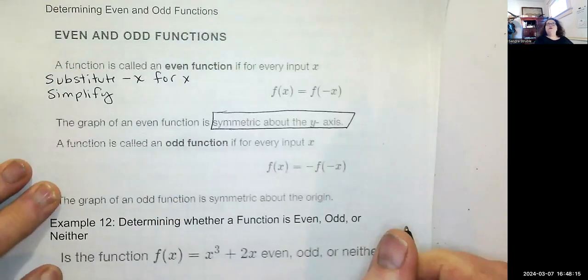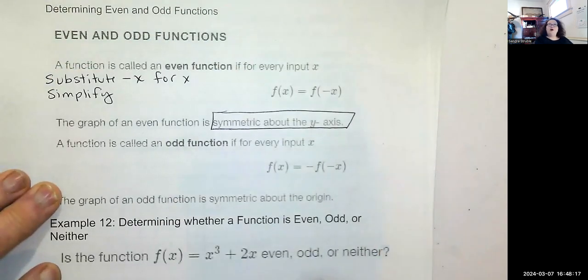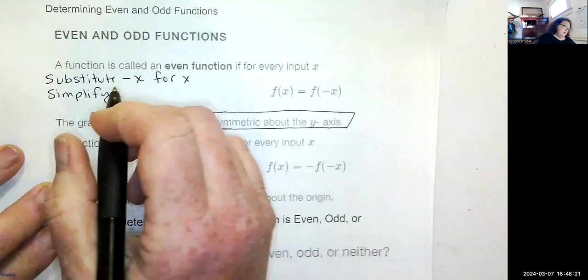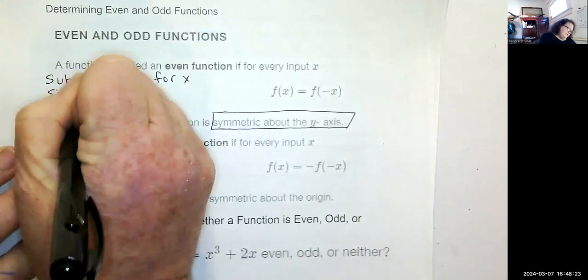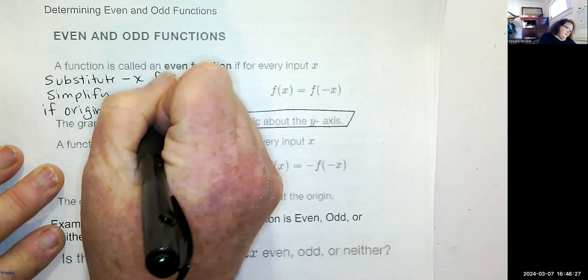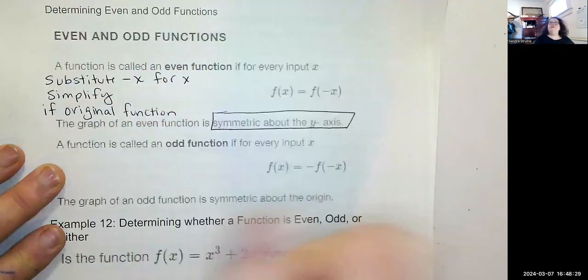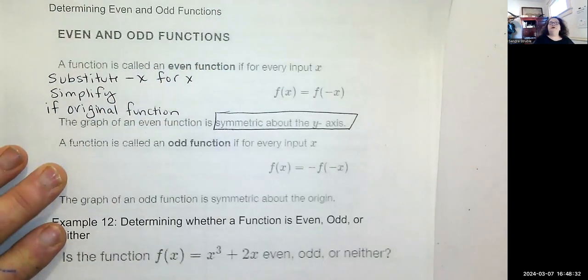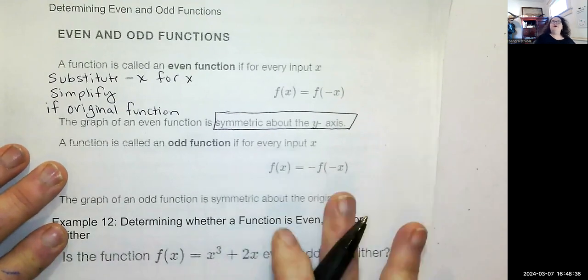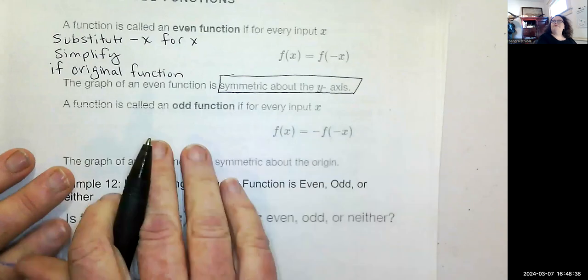If the outcome from that simplification is the original function, then it is even. Okay. If it is not the original function, it is not even, and you'll do the next step, which is check to see if it's odd.